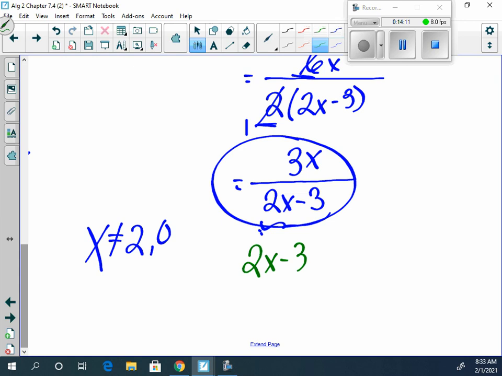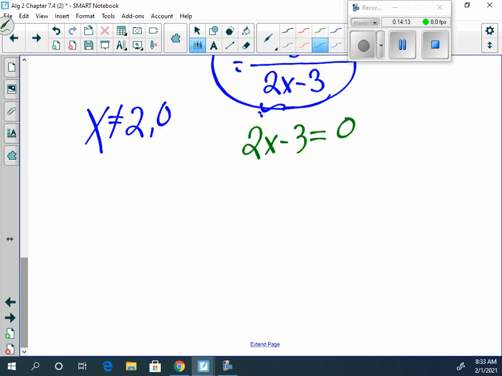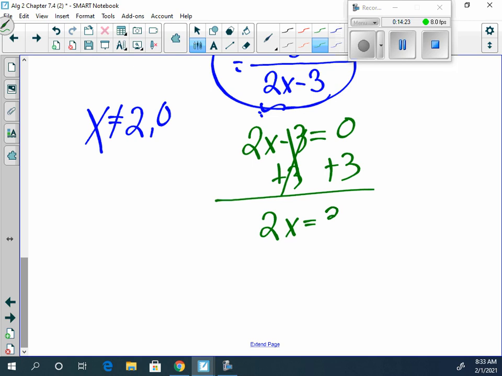So 2x minus 3 equals 0, because it can't be zero. So we set it equal to 0 to find it. So the first thing we would do is to add 3, and then divide by 2, which will tell us x is equal to 3/2, so really x cannot be 3/2.